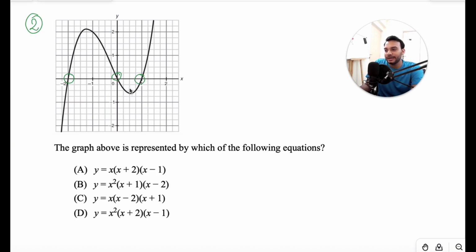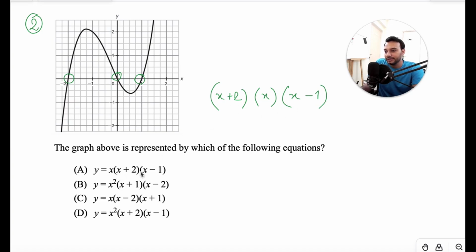So, apart from the constants, this should be present: since it's -2, x plus 2 must be present. Then a single x must be present, x or x squared or x cubed, since there's a root at x equal to 0. And at x equal to 1, x minus 1 must be present. So x plus 2 and x minus 1 must be present.